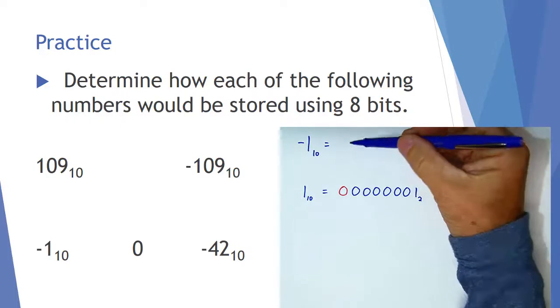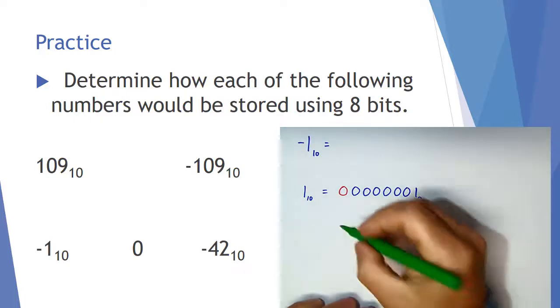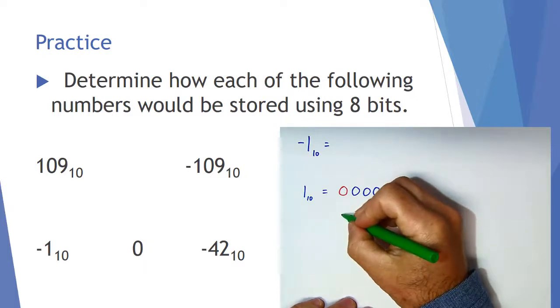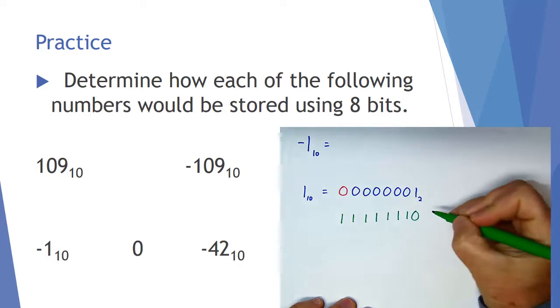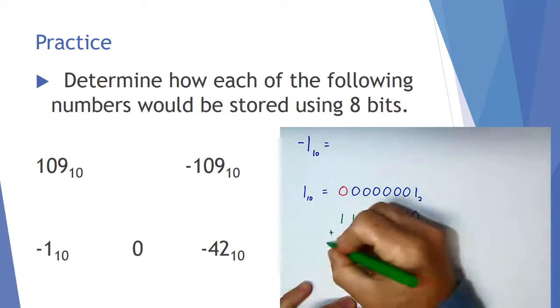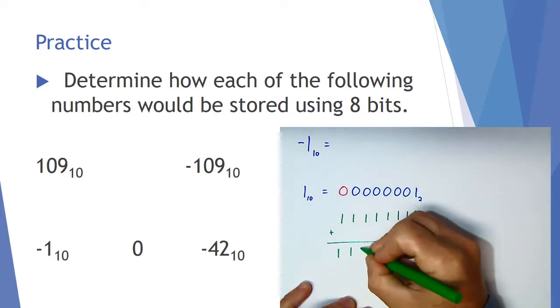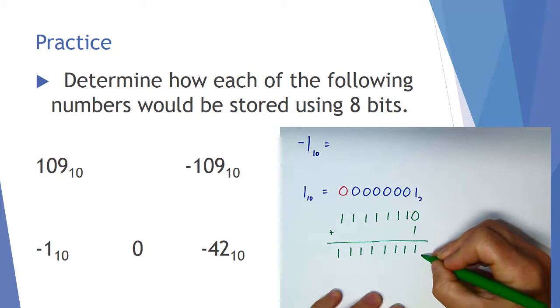Now what's negative 1 going to be? Let's find the 2's complement. So if we go ahead and find the 2's complement of that, it is 1, 1, 1, 1, 1, 1, 1, 0. Now we flipped all the zeros and ones. Let's add 1. And we get, that one's pretty easy, 1, 1, 1, 1, 1, 1, 1, 1.